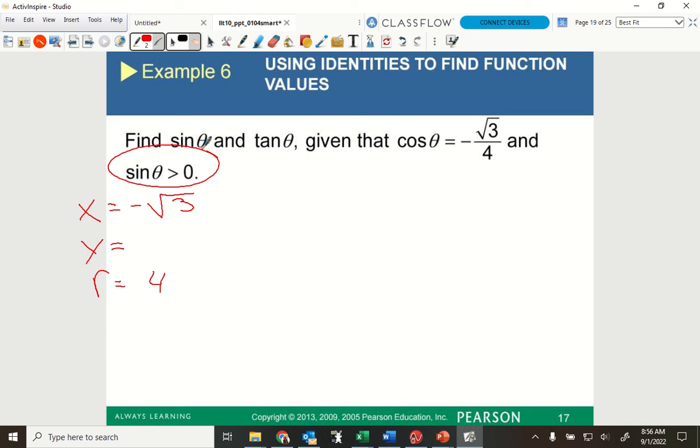Think about it. Sine has to be positive. If R is always positive, is it possible for the y to be negative? No, because then the whole thing would be negative, right? So given that sine has to be greater than 0, y has to be positive as well. Very good. I'm going to put a plus sign right there because that's what I need from that.